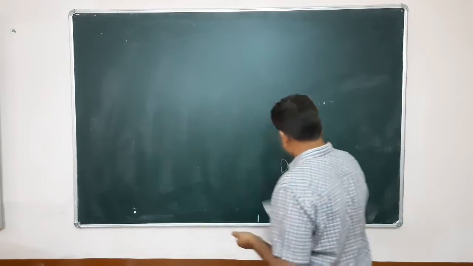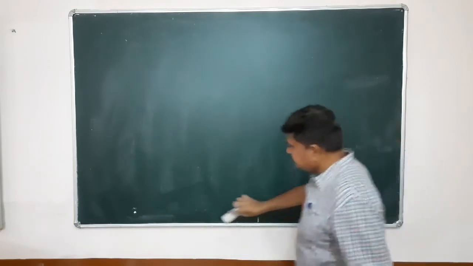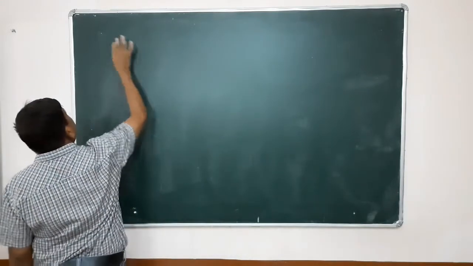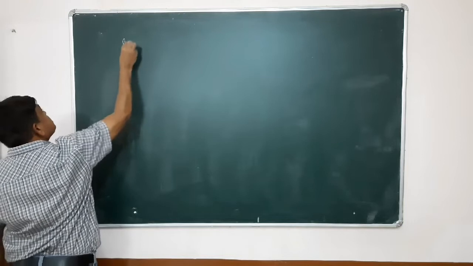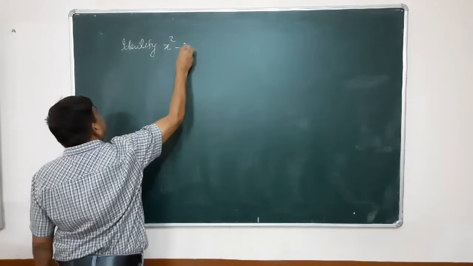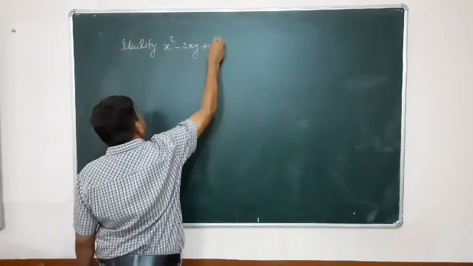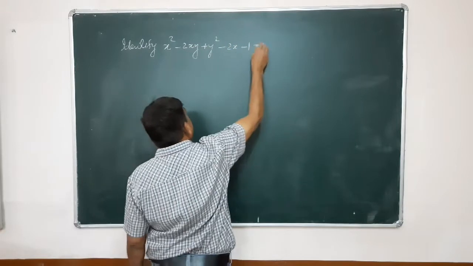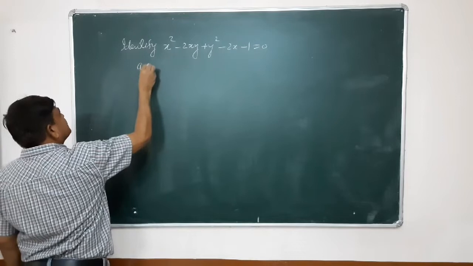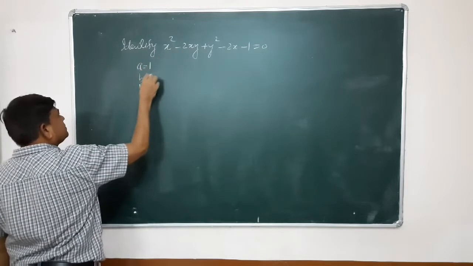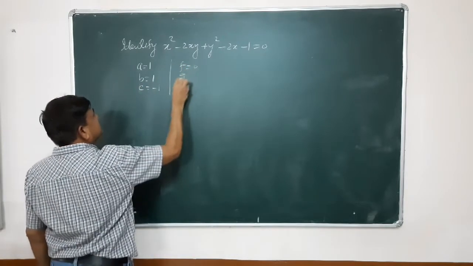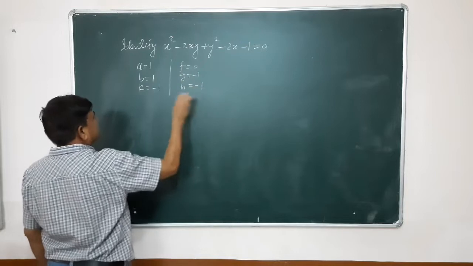Now we come to the general equation. Identify. As usual, a is 1, b is 1, c is minus 1, f is 0, g is minus 1, h is minus 1.